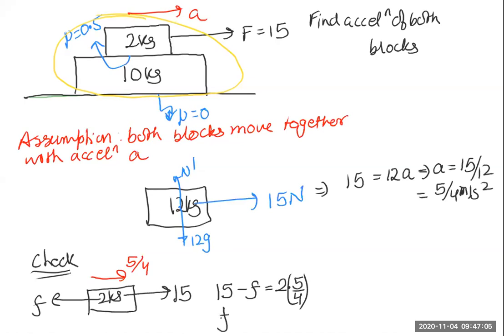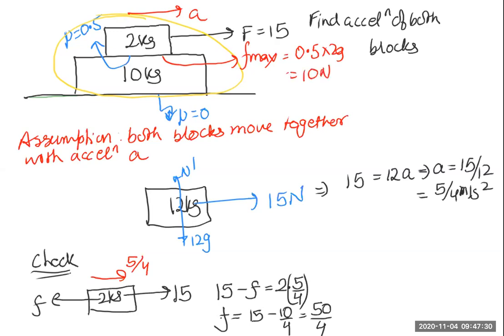So F is equal to 15 minus 10 by 4, which is equal to 60 minus 10, that is 50 by 4. And we know that here F max between these two surfaces is equal to 0.5 into 2g, which is equal to 10 newtons.